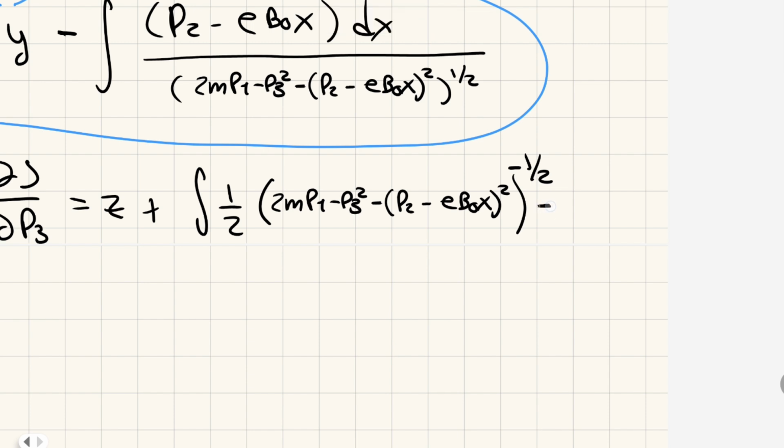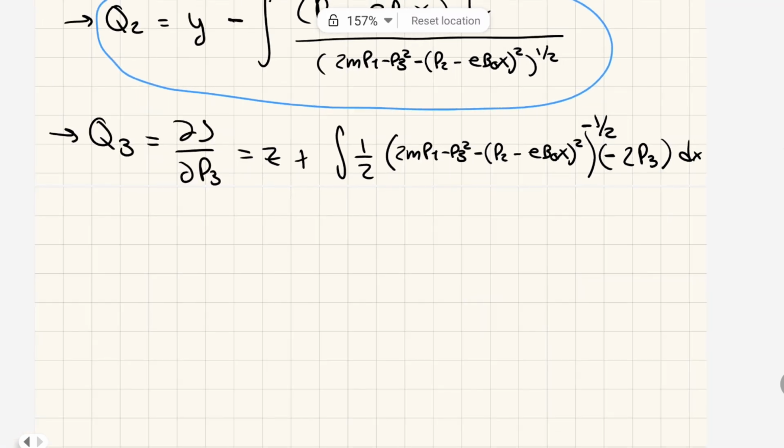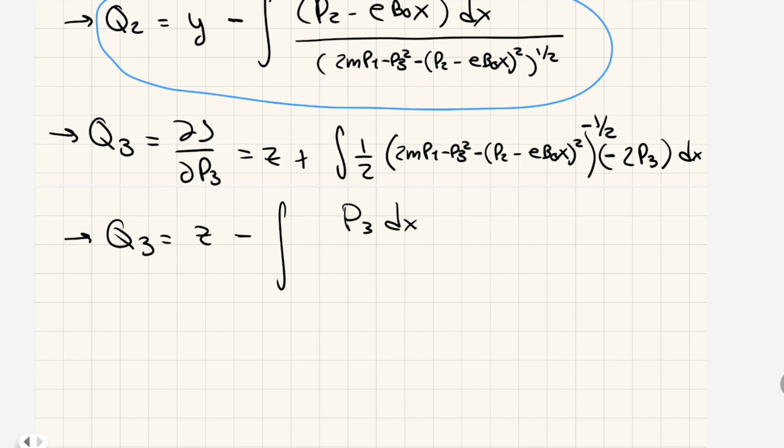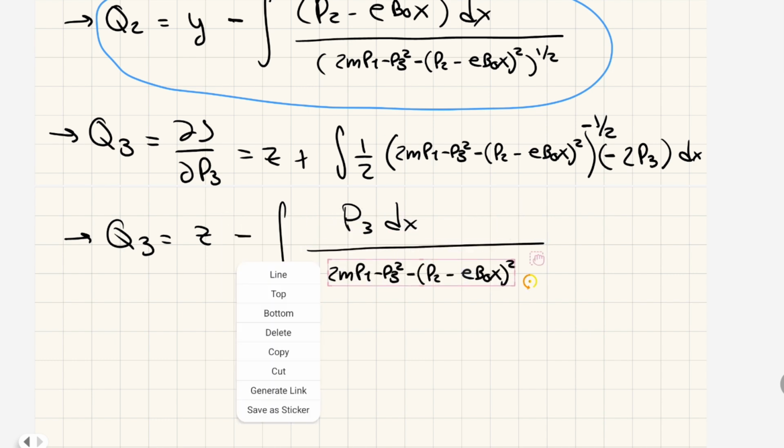So that will be minus 2p3, and then dx. Okay, perfect. So with this we get that q3 is equal to z minus the integral of p3 dx divided by this quantity, and then raised to the 1/2.